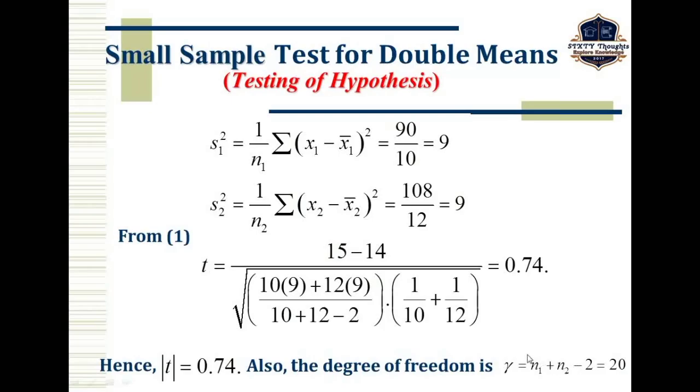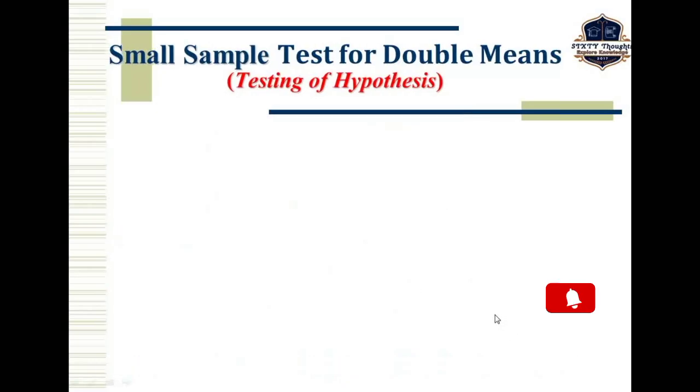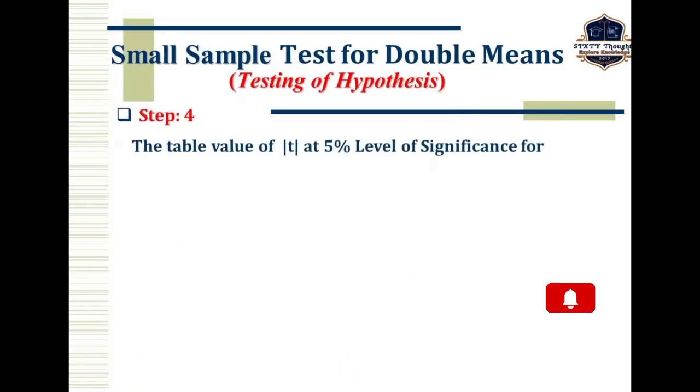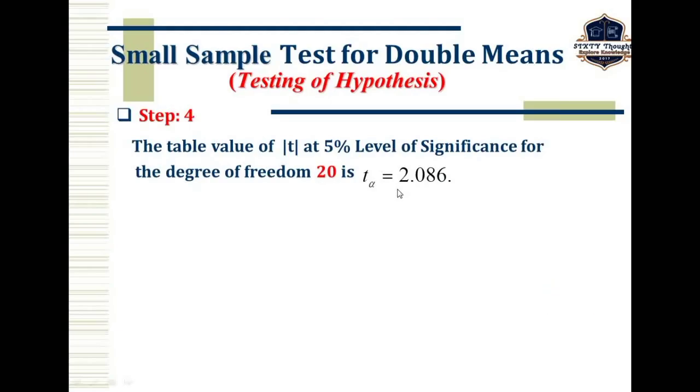So what is step number 4? We write the table value for the given problem, with degree of freedom 20. Here the table value of modulus of t at 5% level of significance and degree of freedom 20 is t alpha equal to 2.086. Let us see how to find this value using the statistical table.